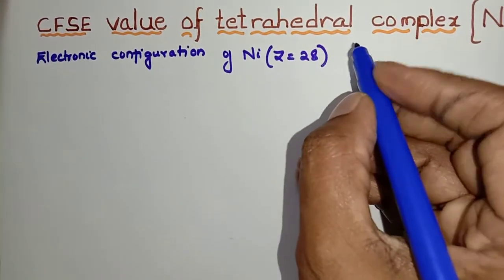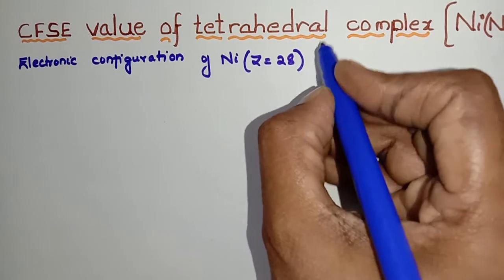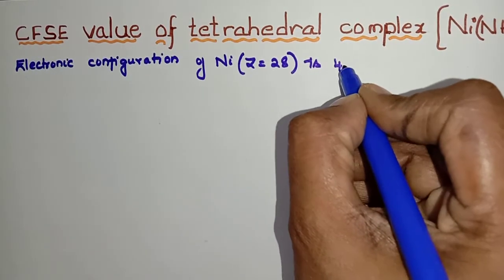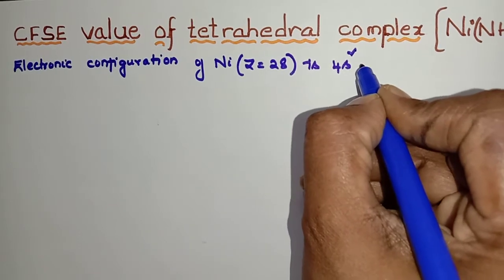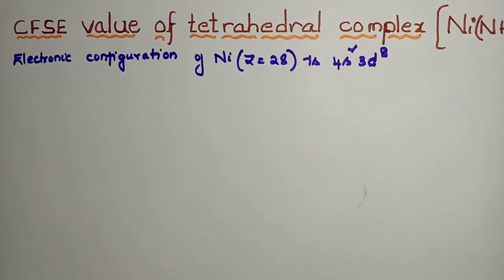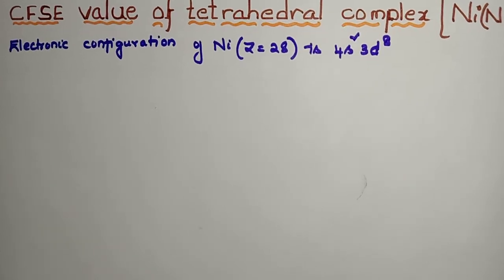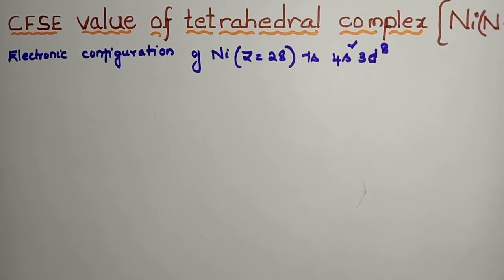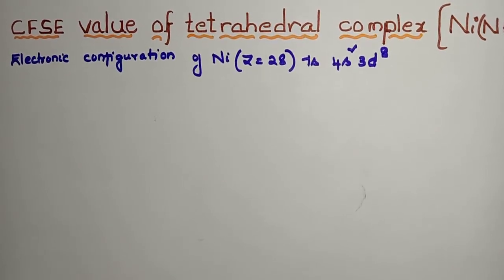So hence its electronic configuration in the outermost shell will be 4s2 3d8. Clear students? Electronic configuration of nickel in its outermost shell will be 4s2 3d8 as its atomic number is 28.